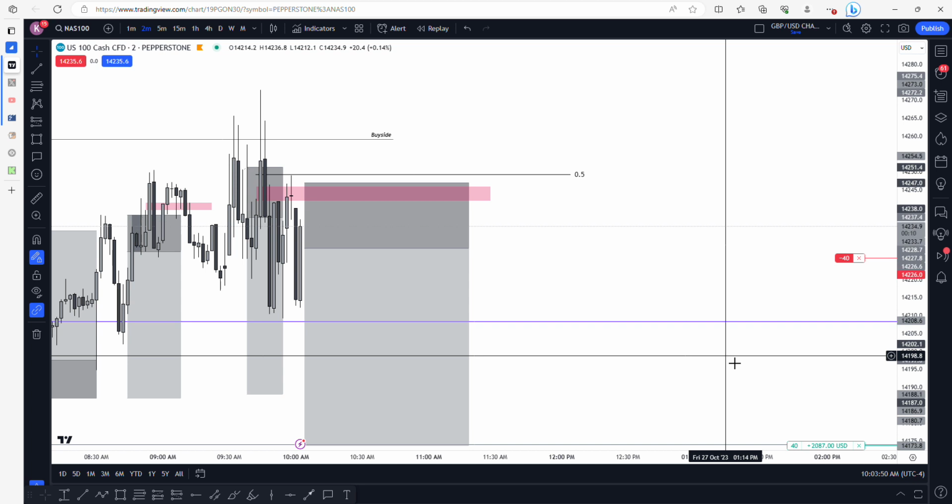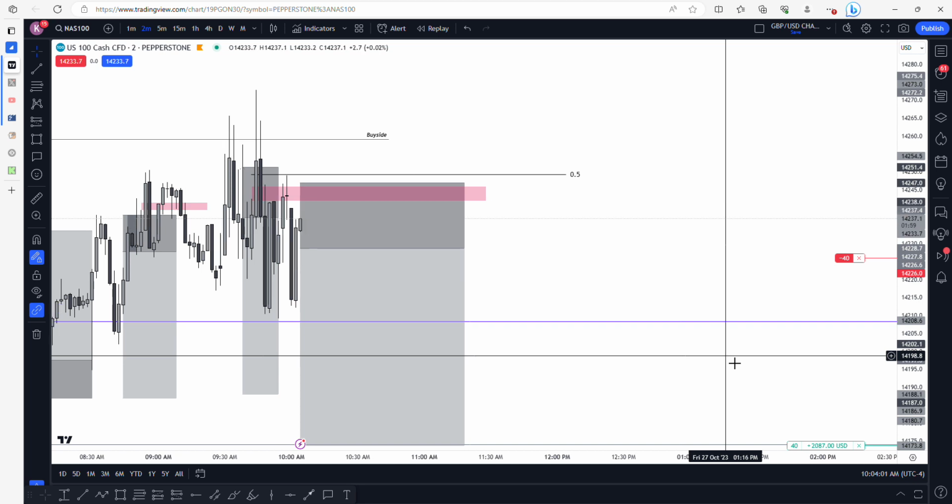Nah. Yeah, that's it. That's it for this trade, bro. I think this trade is cooked. I gotta wait and see how price reacts to that threshold though. I gotta keep up with my rules.